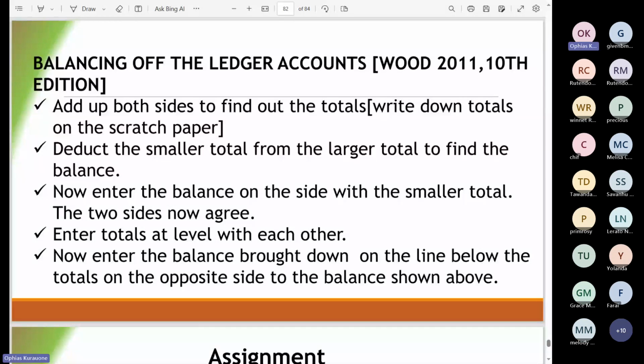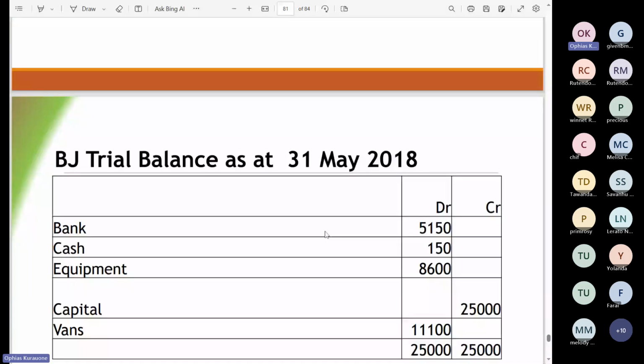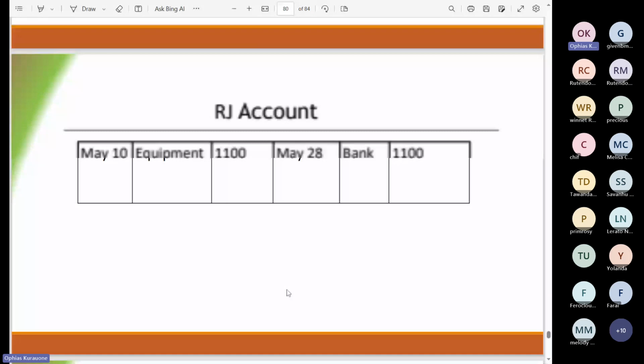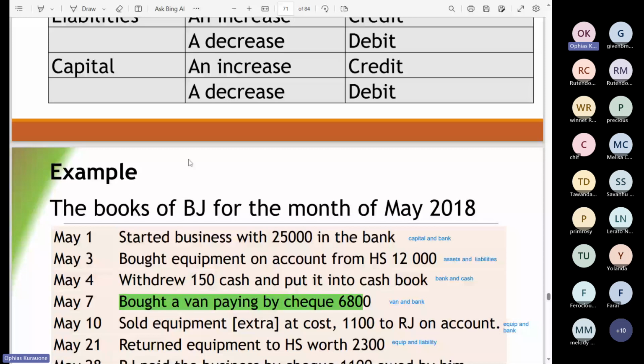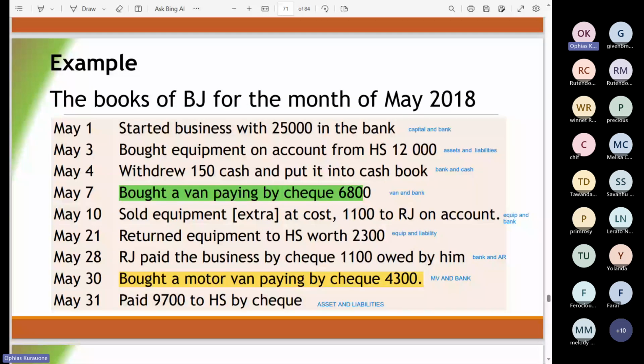What we're saying here, if you were not following, it becomes a problem. What you do when you are doing these accounts, after you've been given this information, is identify which account has been affected, and identify whether it is an asset, a liability or capital.